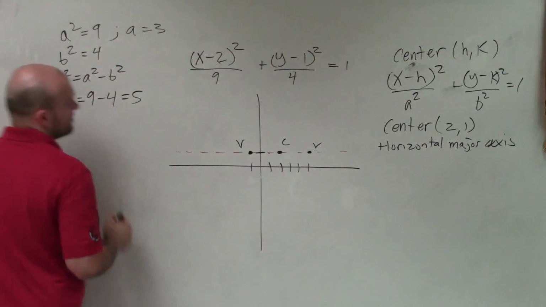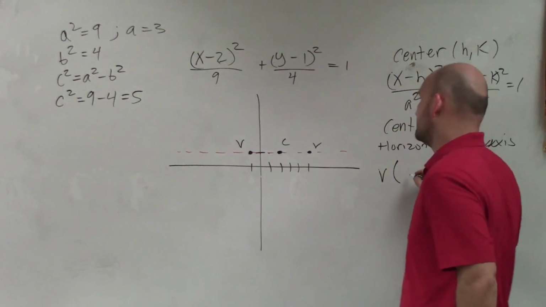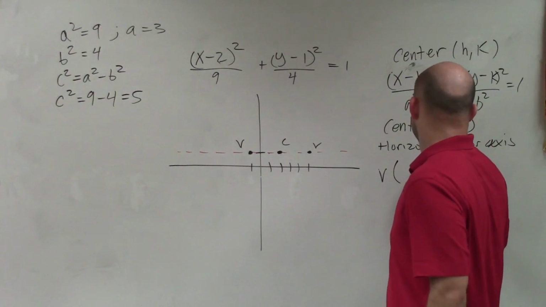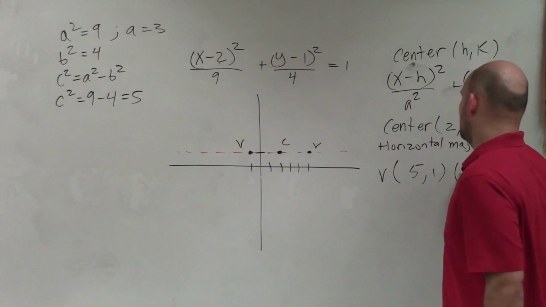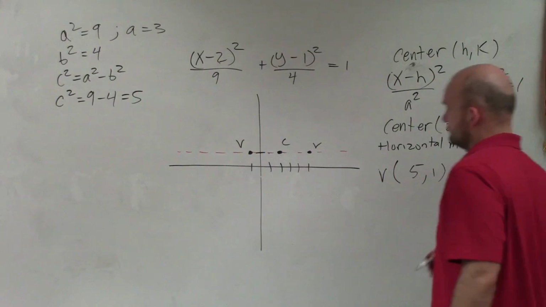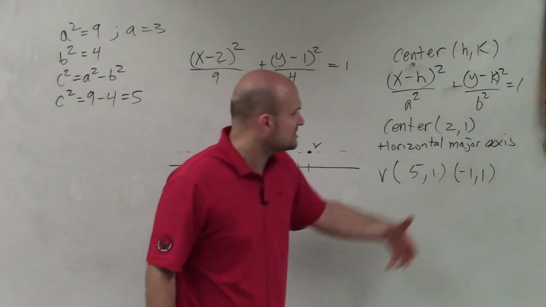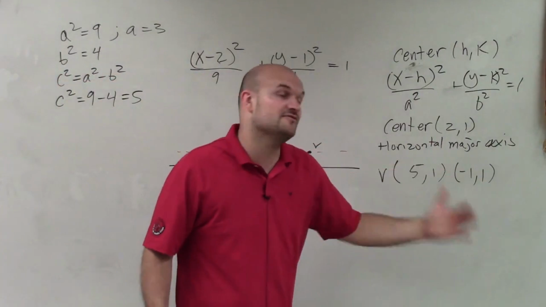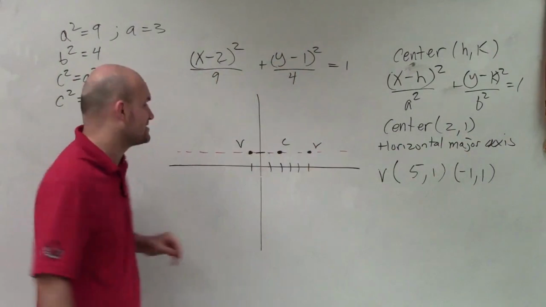So let's go ahead and write these down. So I have my vertices are now at 5, 1, and negative 1, 1. All right. And one thing that's very important is notice that the center, the vertices, as well as the foci are all going to have the same y coordinate because they all lie on that major axis.